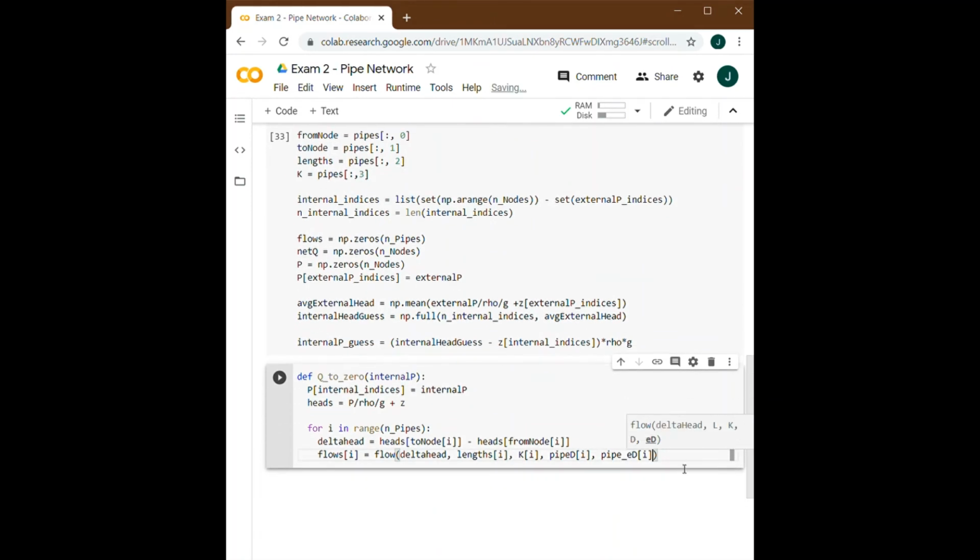Now what this does is take our I, which iterates over time, and takes each pipe and creates a delta head, okay?